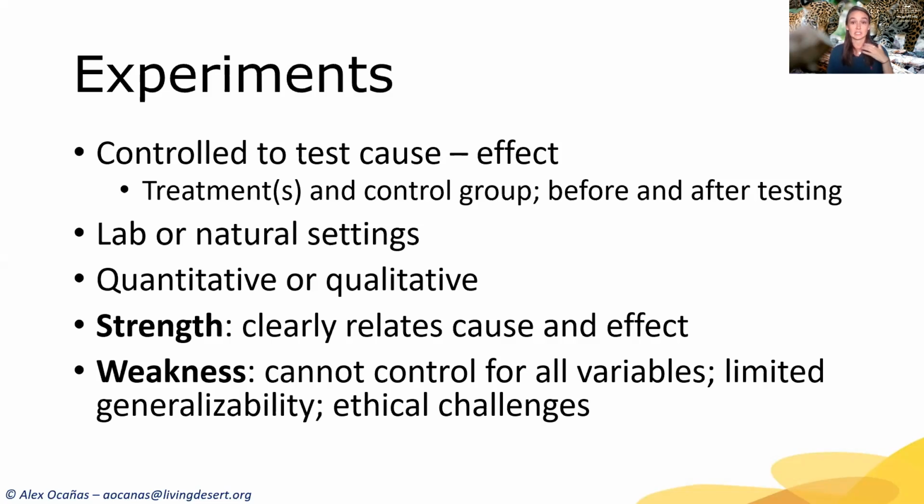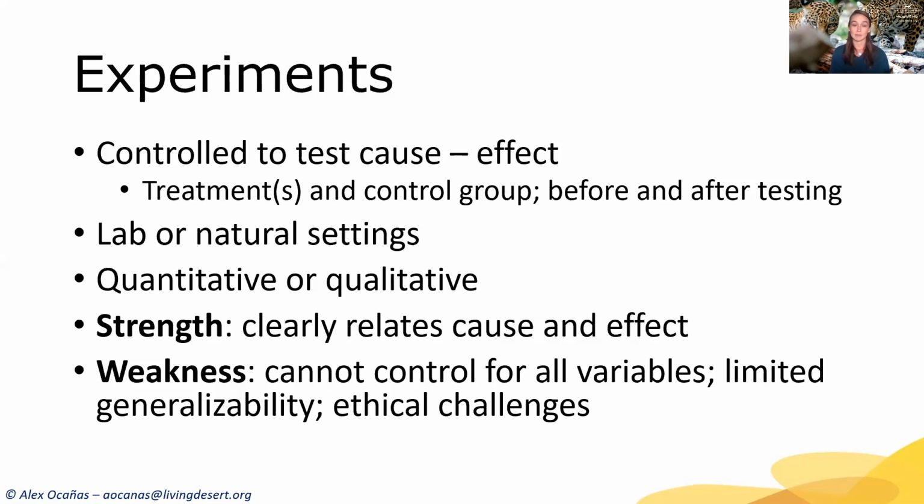So we know that experiments can be conducted in a lab setting for sure. A lot of environmental communication experiments are conducted in a lab setting where you might come in and they will introduce you to different types of environmental communication in an experiment to test what's the most effective message to inspire people to act for climate change.